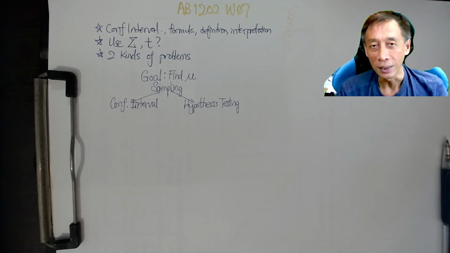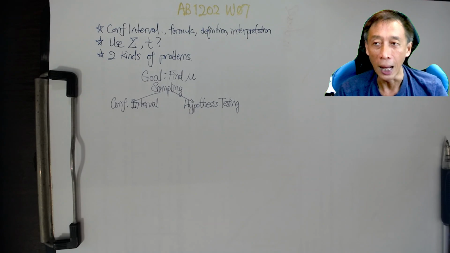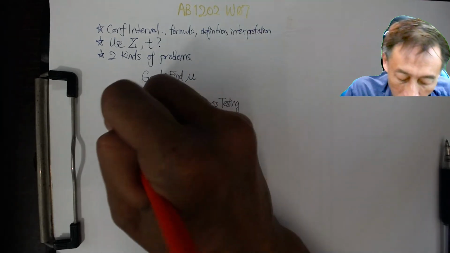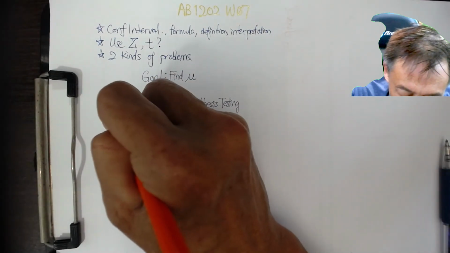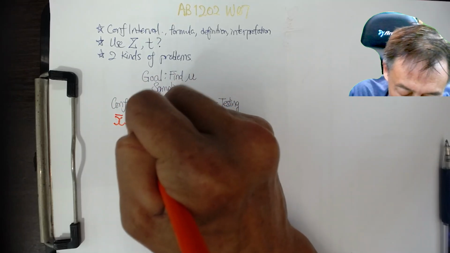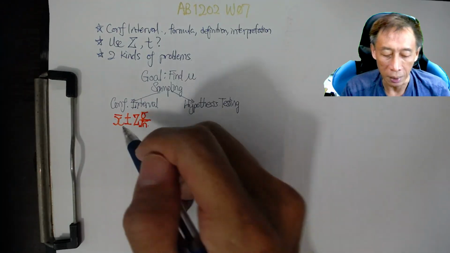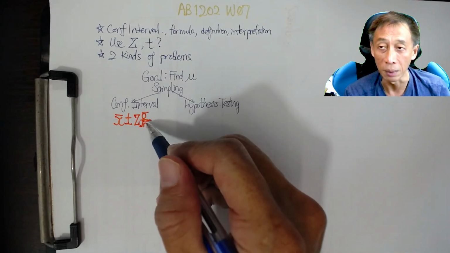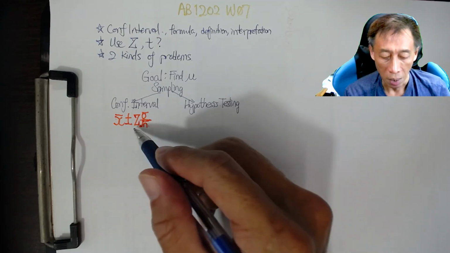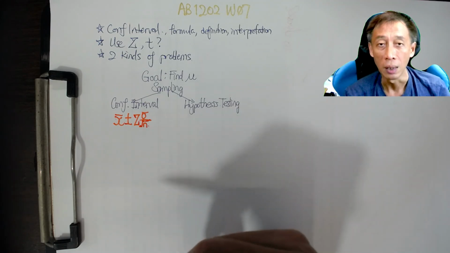So the idea is that in confidence interval, we want to calculate the lower limit and the upper limit. The way it goes is that it will form a lower limit and an upper limit in this manner. So straight away you can see that x bar plus z sigma over square root n is going to give the upper limit. X bar, the sample mean, minus z sigma over square root n is going to give the lower limit.